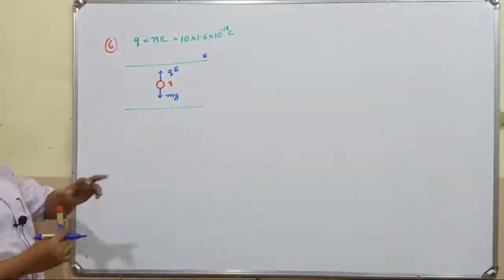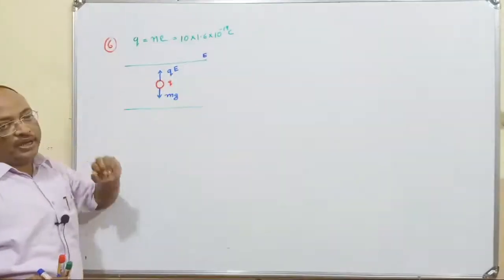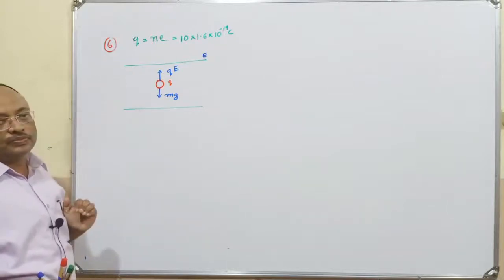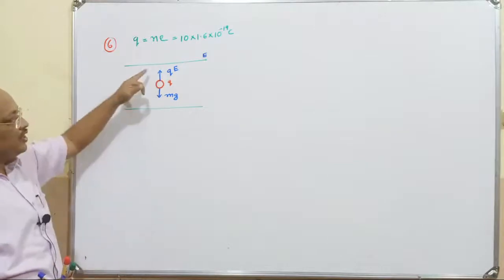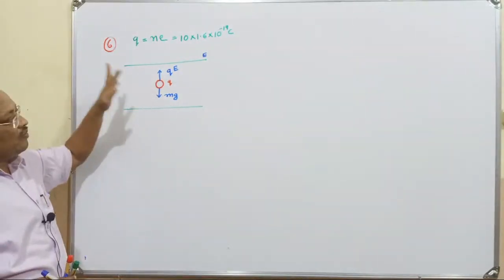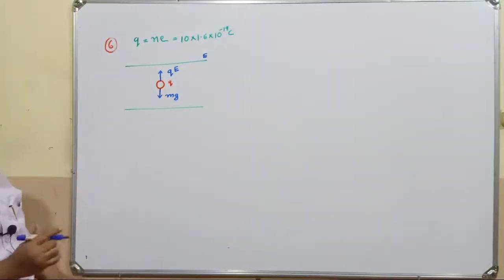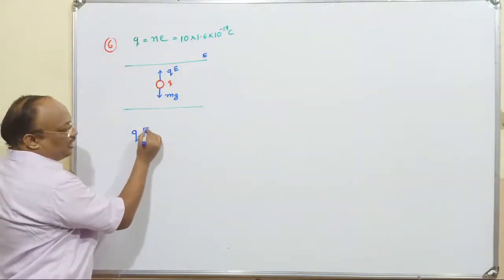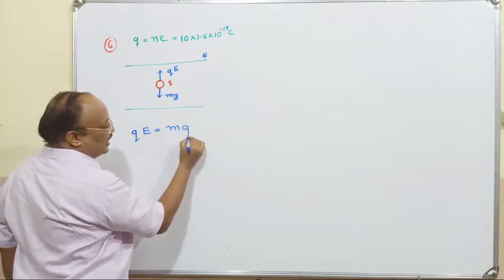Then only if this mg is equal to this QE, weight of the drop is equal to the electric force, will this charge get balanced. So I can write QE is equal to mg.